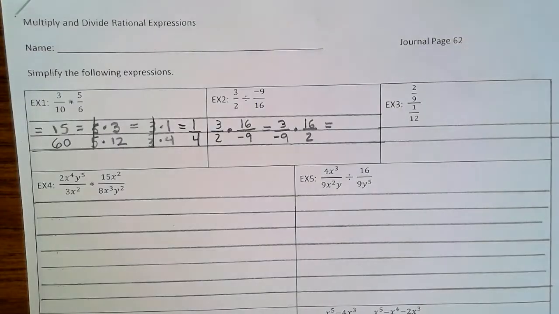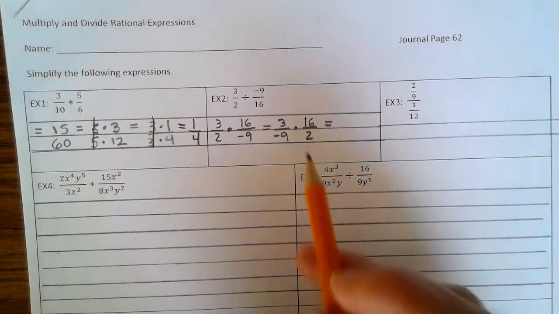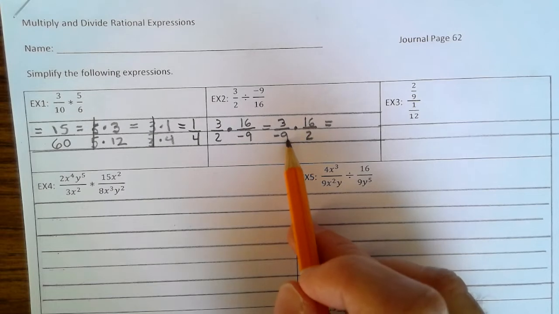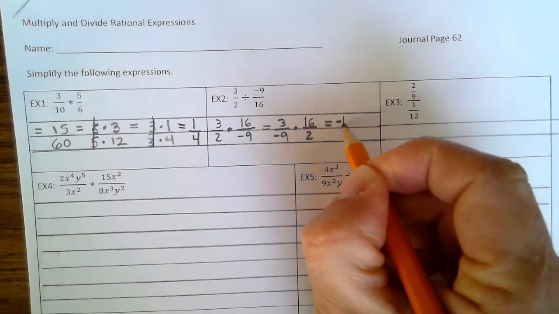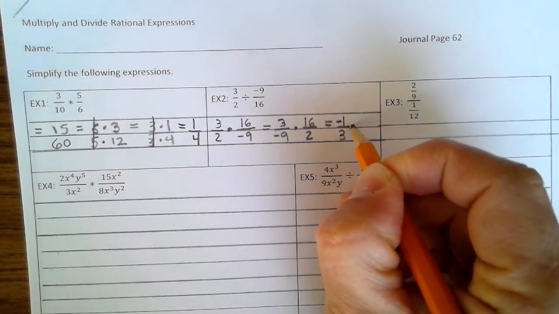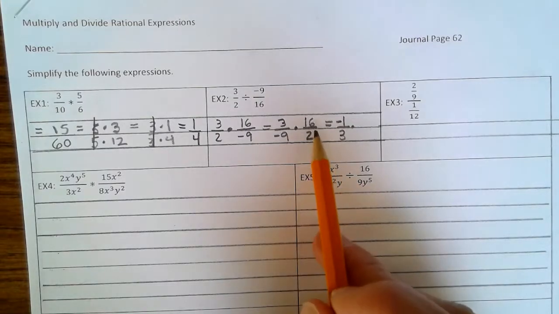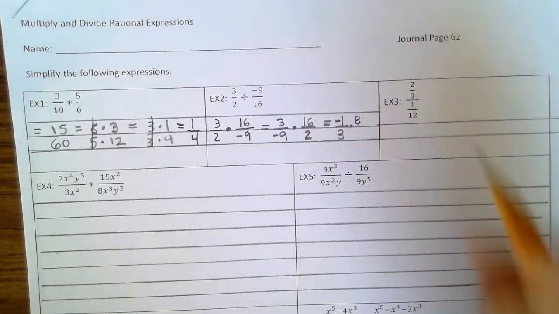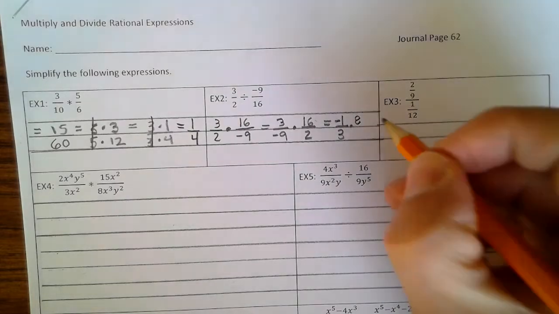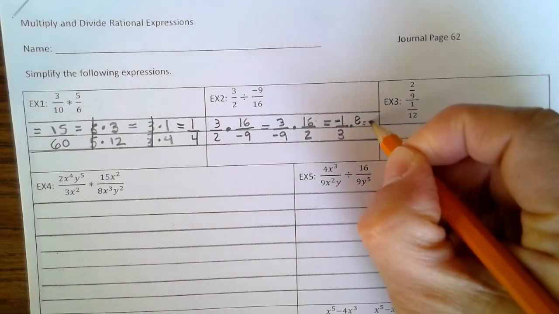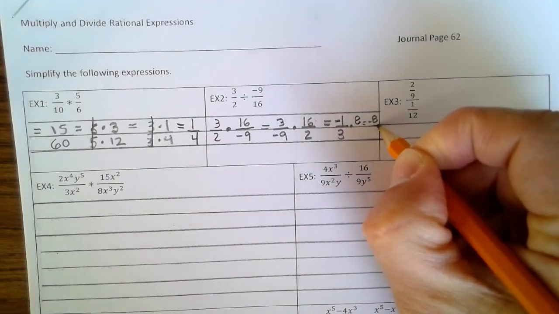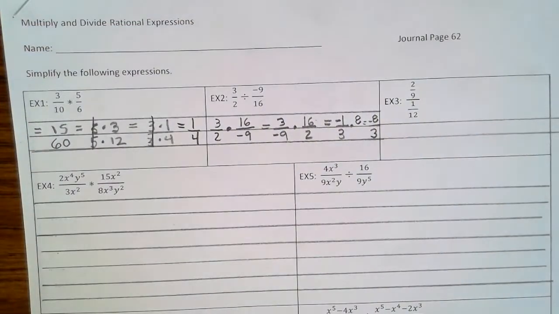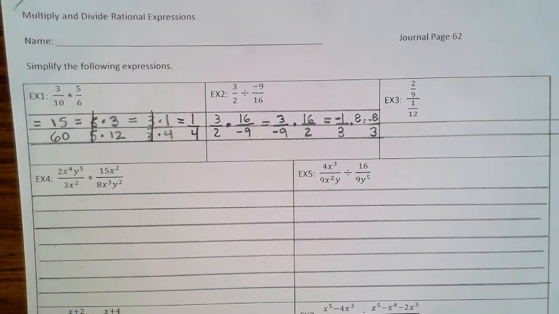Okay, and the reason why you want to do that is you can see that 3 divided by negative 9 reduces to be negative 1/3 times 16 divided by 2 is 8. So this simplifies to be negative 8 divided by 3. Okay? All right, example 3.